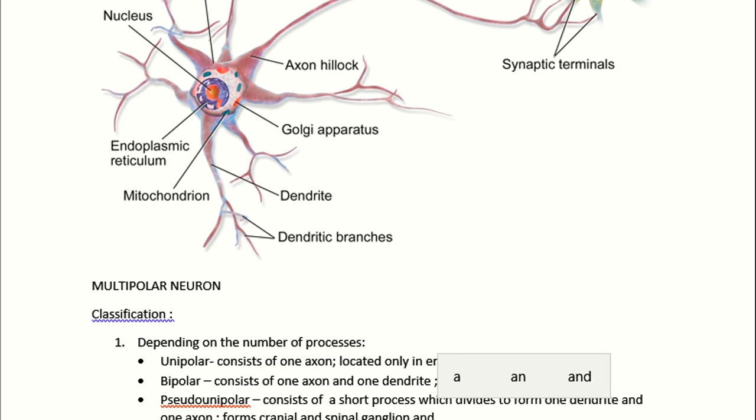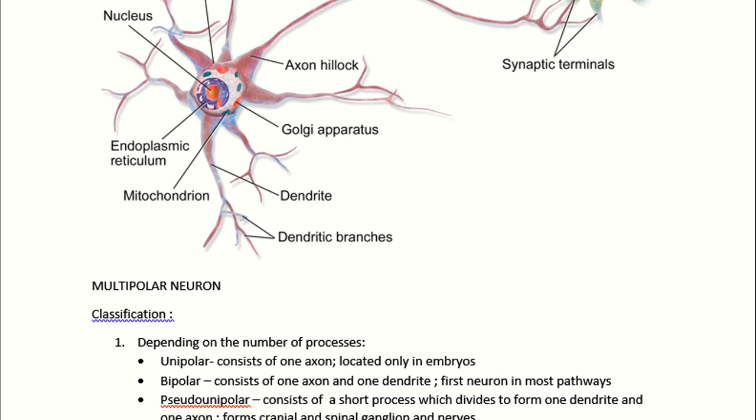and nerves. So all the basic most commonest nerves that you see are basically nerve fibers consisting of pseudo-unipolar neurons.